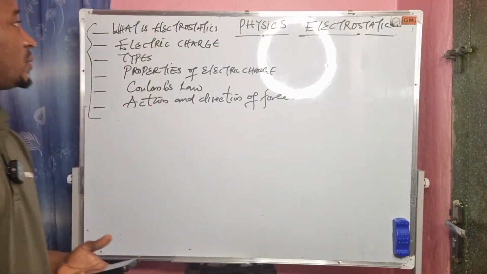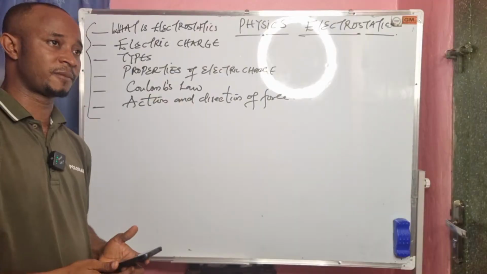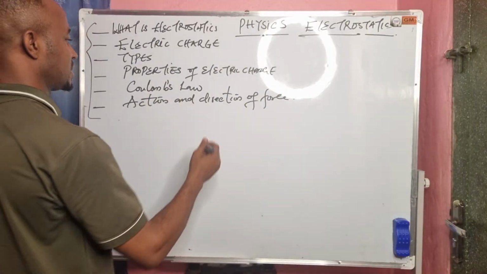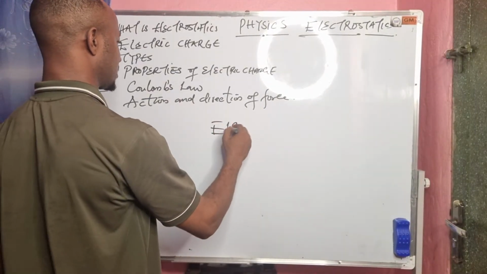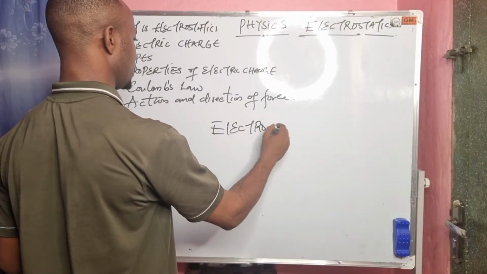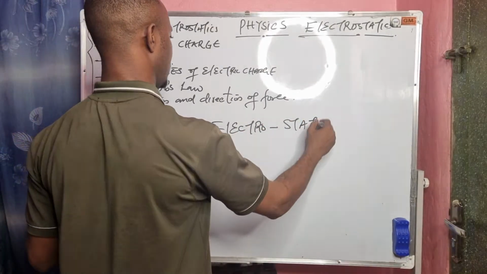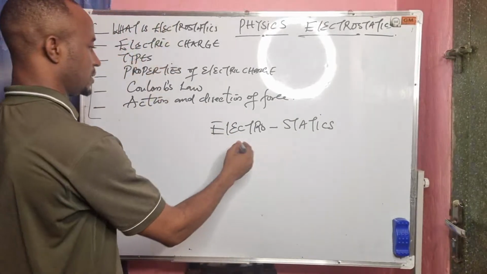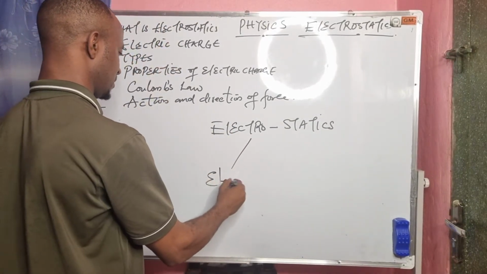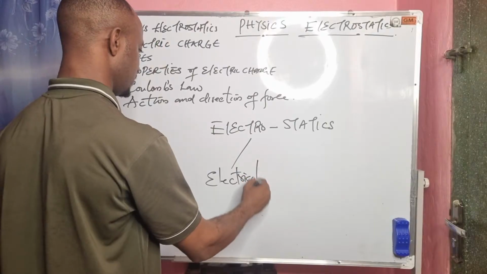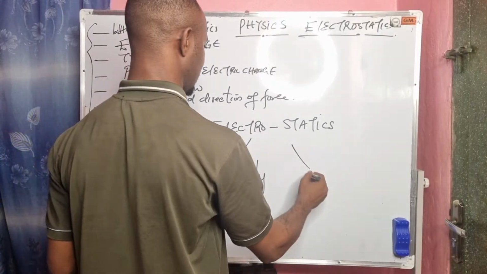Now let's look at the word electrostatics. From the word electrostatics, electro is from the word electricity. Static simply means rest.